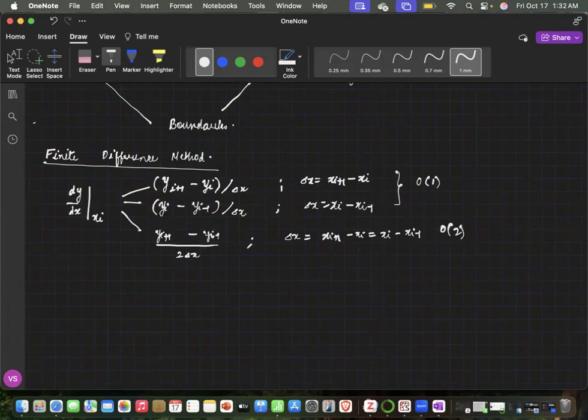So let's try to do the same for double derivatives.